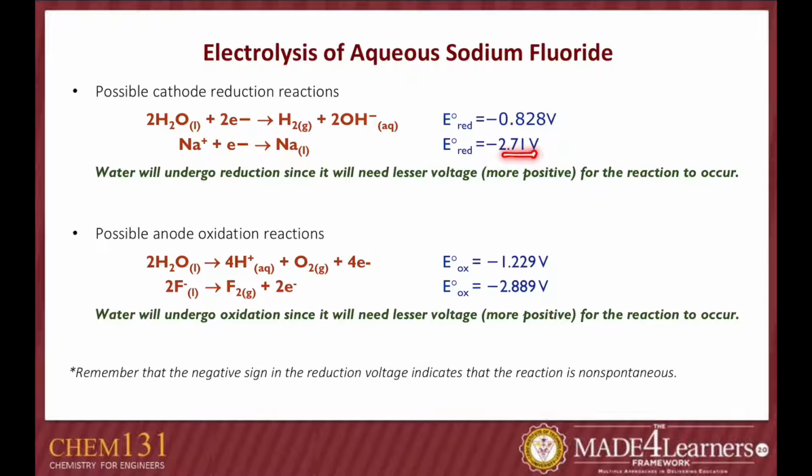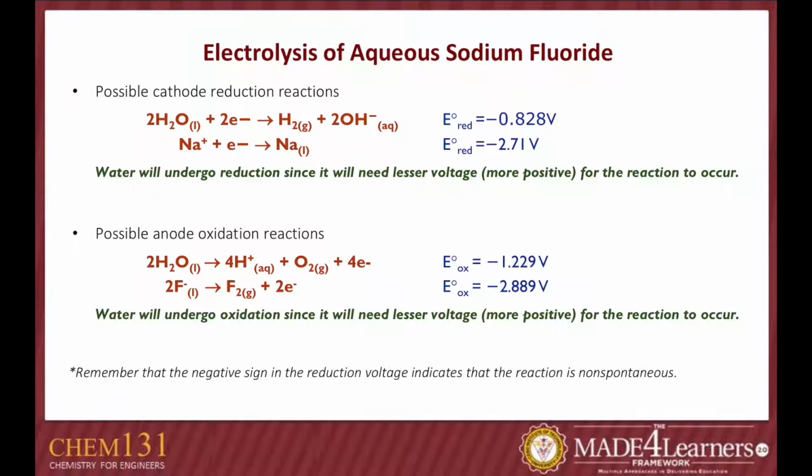So asa may mas gamay kinahanglan? Kinahanglan siya 0.828 or 2.71. So of course, it's 0.828, no? So water, mas gamay man ang need ni water para mo undergo siya og electrolysis, mas gamay man siya need nga voltage. So in this case, for aqueous sodium fluoride, water will undergo reduction, so it needs lesser voltage for the reaction to occur.